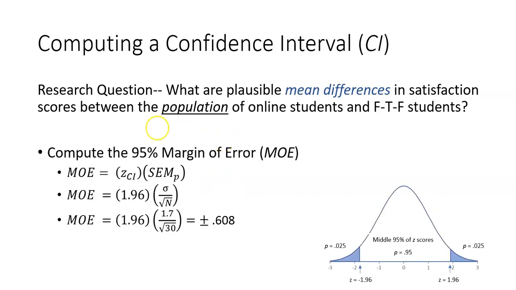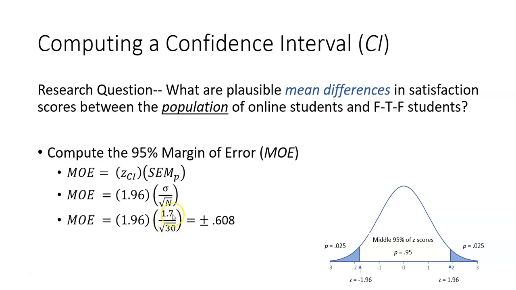How do we do that? Well, we're specifically going to add a 95% margin of error. It makes sense that sampling error is going to be included in this margin of error, the MOE. Again, it's the standard deviation of the population divided by the square root of n, so we're going to compute that. But we can't just leave it at that.